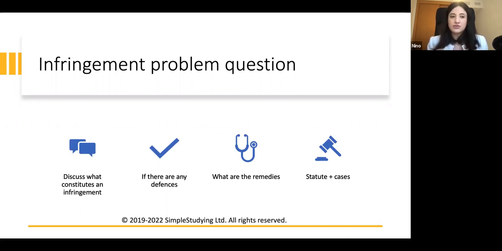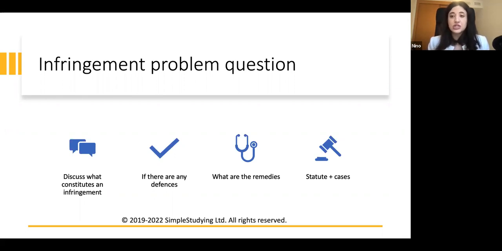And you make those assumptions always based on the relevant statutes and the relevant cases. Then you need to discuss if there are any defenses under Section 11, if it's use of someone's name, someone's address, if it's just describing the characteristic of the good, or only indicating the purpose of the good that is being sold.